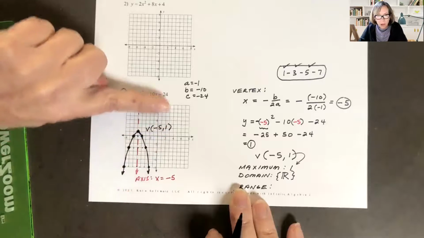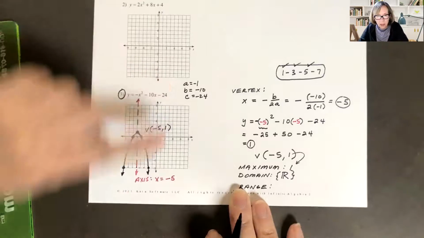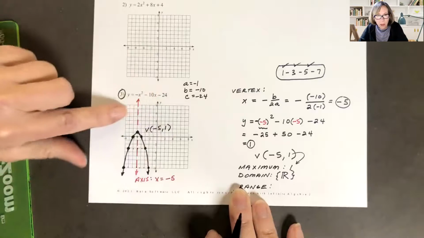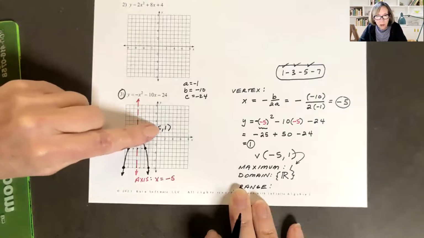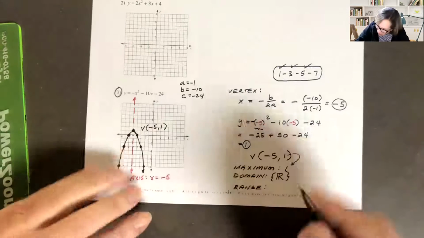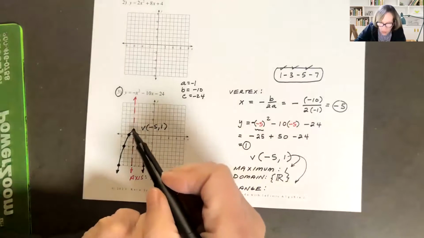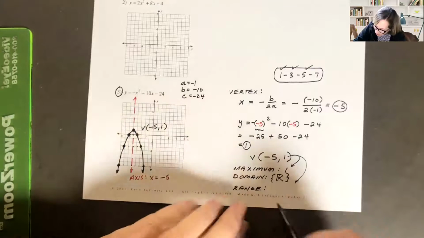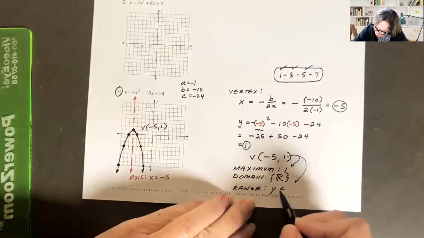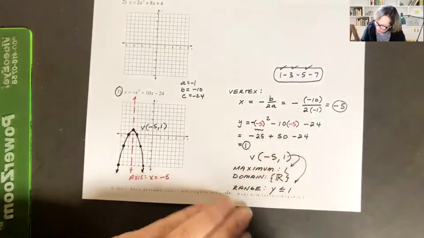The graph will never show any points up here, right? It's not going to suddenly turn around and head upward. So the highest point it ever gets to is where y is equal to 1. So the range is always going to be less than or equal to 1. So y is less than or equal to 1.